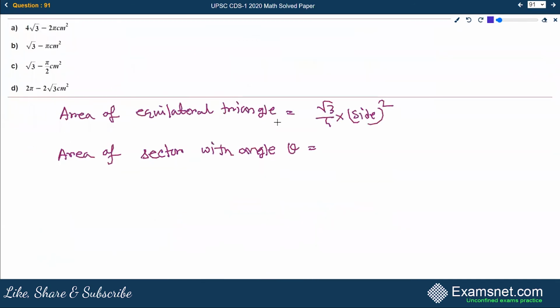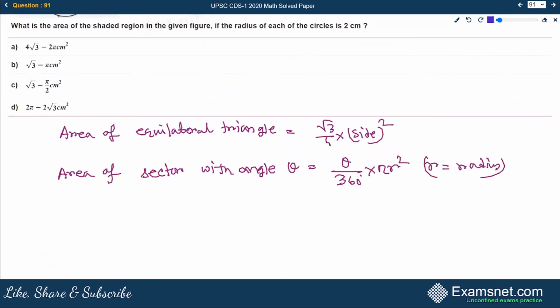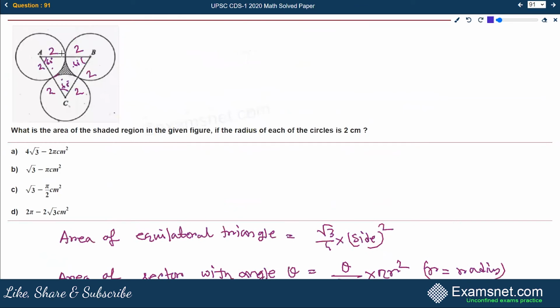How to find the area of the sector? That is theta by 360 degree multiplied by πr square, where r is the radius of that circle. Now here radius of the circle is given 2. If we add this 2, we will get the side AB, which is 4.